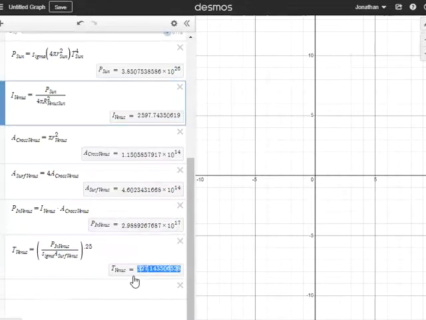Anyway, the temperature at the top of the troposphere is probably somewhere close to this 327 Kelvin. And probably also the upper part of the atmosphere emits light in the range of 2,600 watts per square meter.